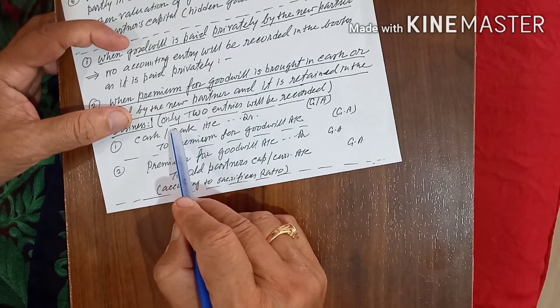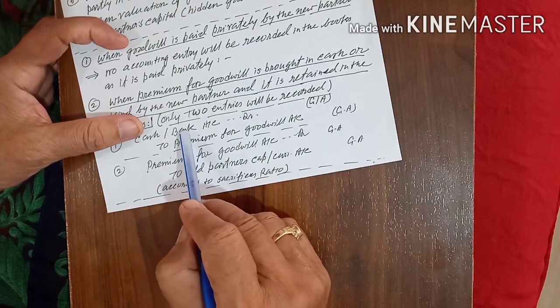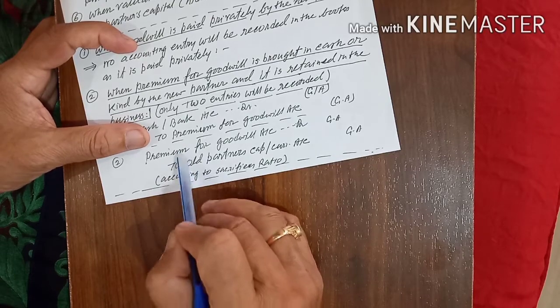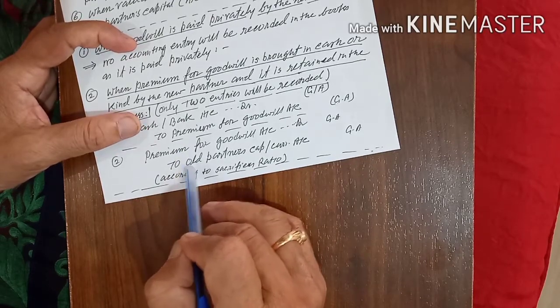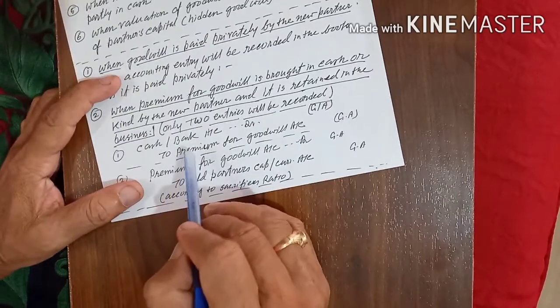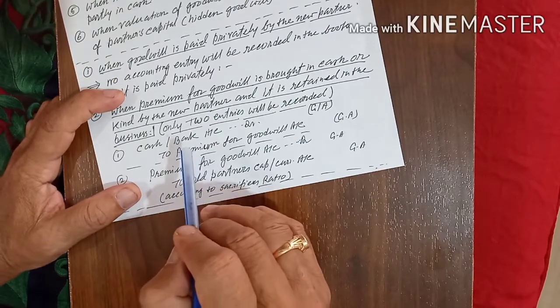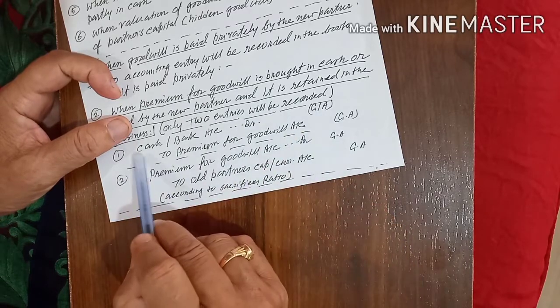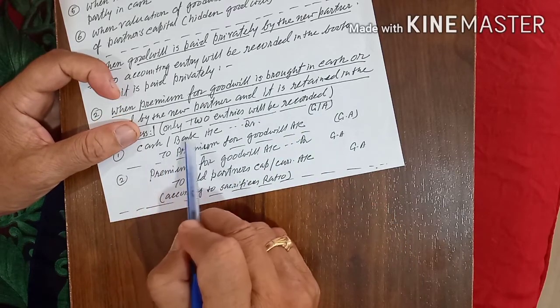One for bringing the cash for goodwill, and second, whatever cash he is bringing, that is distributed to the old partners. This journal I am telling you is only for goodwill. So two entries you have to remember. The first one, cash account debit to premium for goodwill.